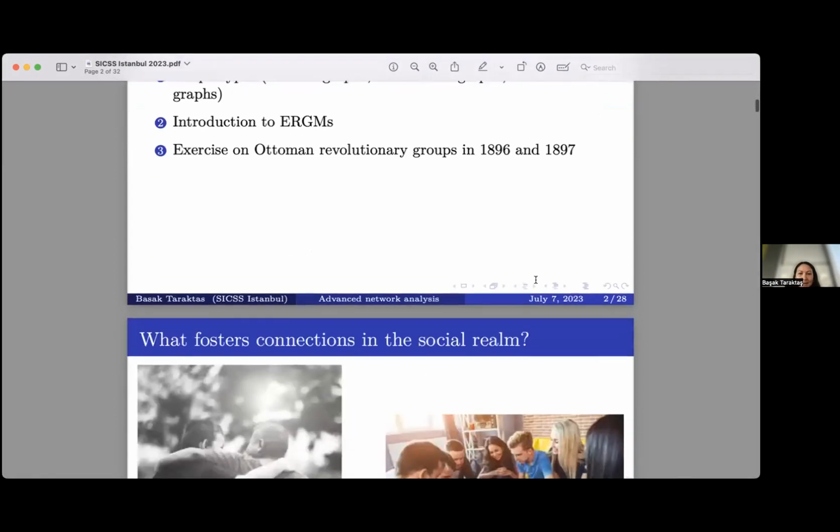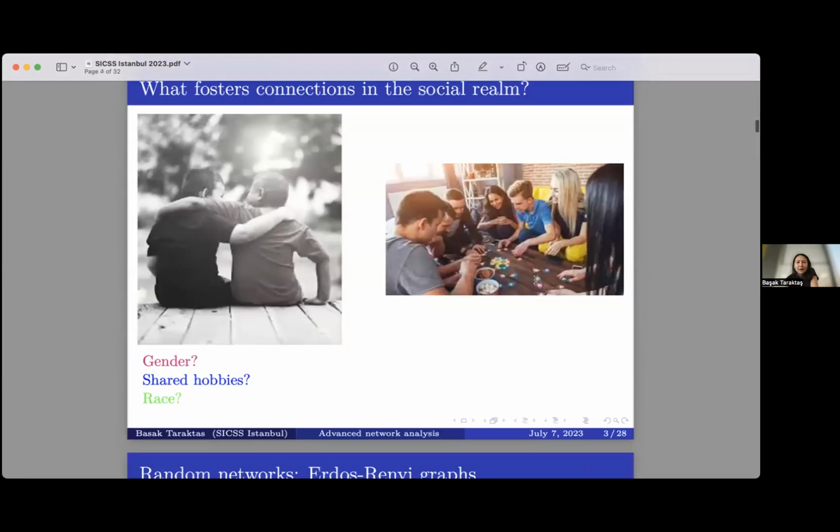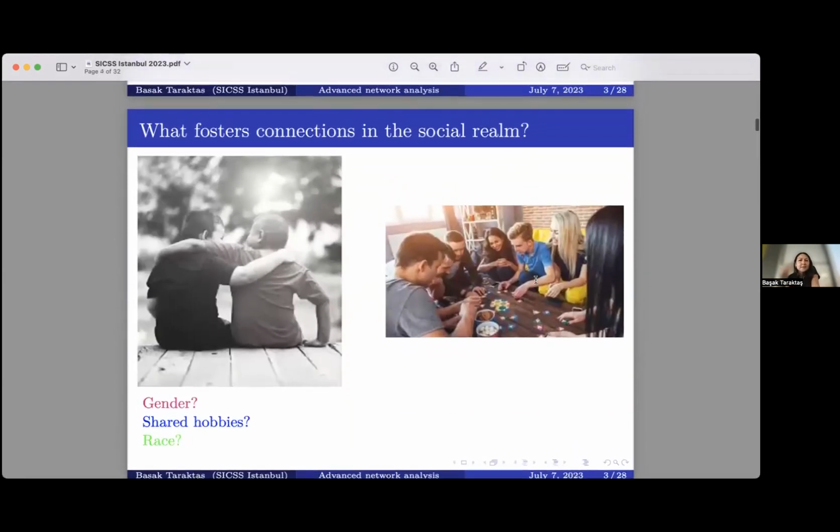So let's start with graph types. So maybe the most important question that we computational social scientists face is what fosters connections in the social realm. So you can think of various factors like gender or shared hobbies.